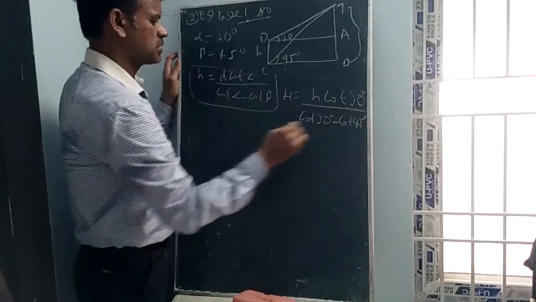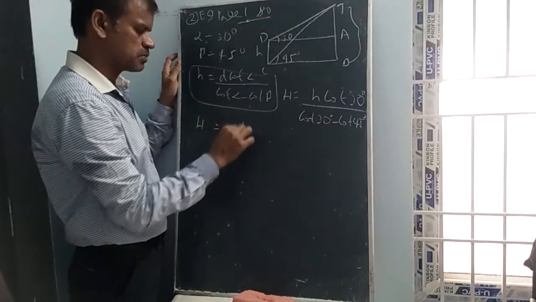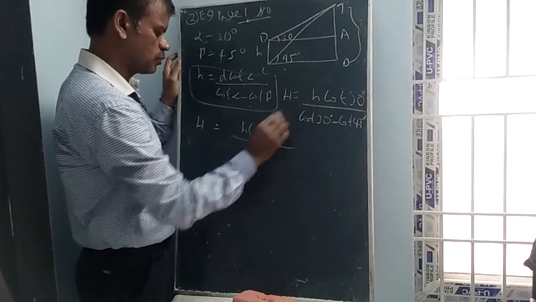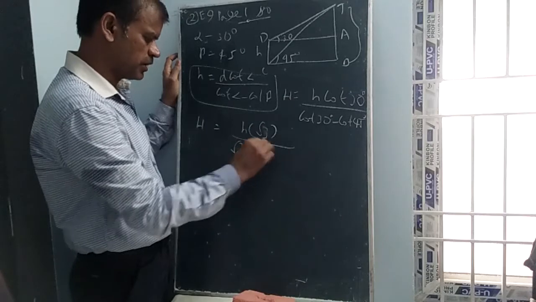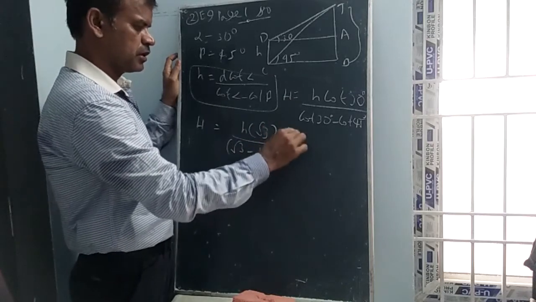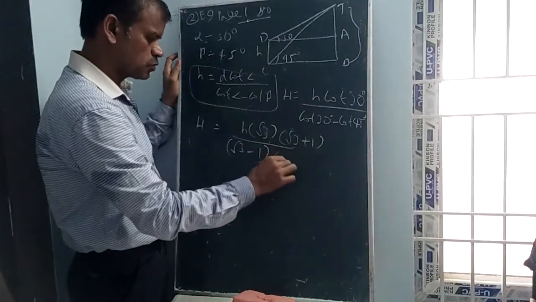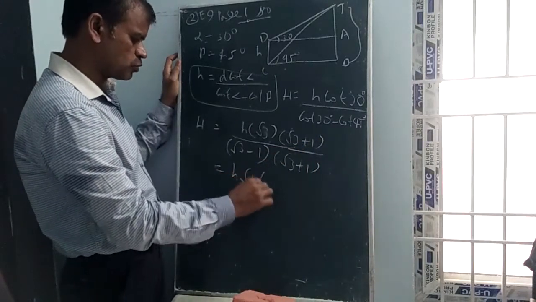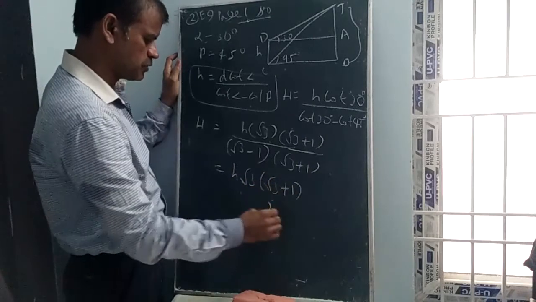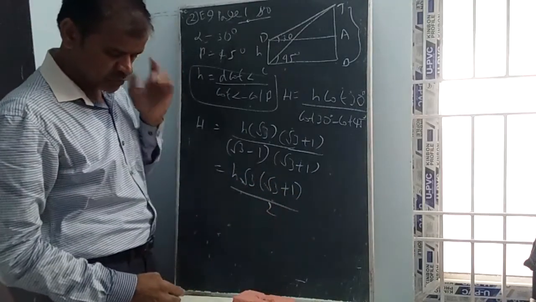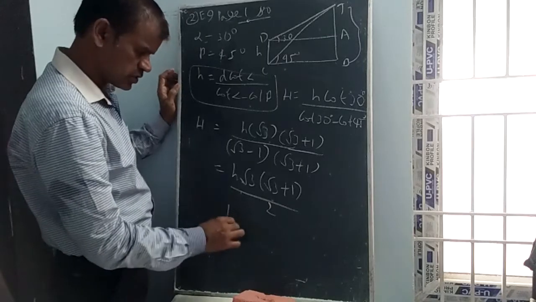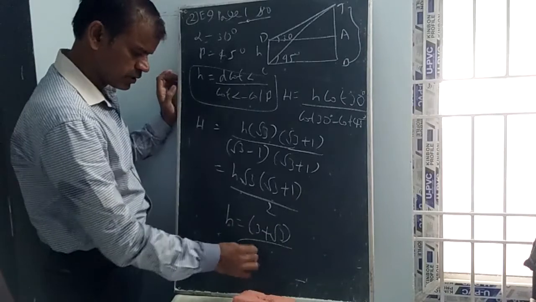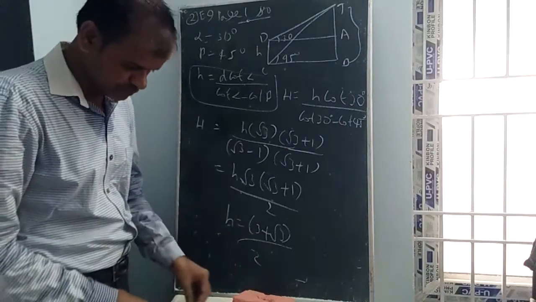The value of cot 30 is root 3, so it is root 3 by root 3 minus 1. You can take the rationalization concept: multiply and divide with root 3 plus 1. So h into root 3 into root 3 plus 1 by 2. That's all. H into root 3 multiplied by root 3 plus 1 gives 3 plus root 3 by 2. H into 3 plus root 3 by 2.